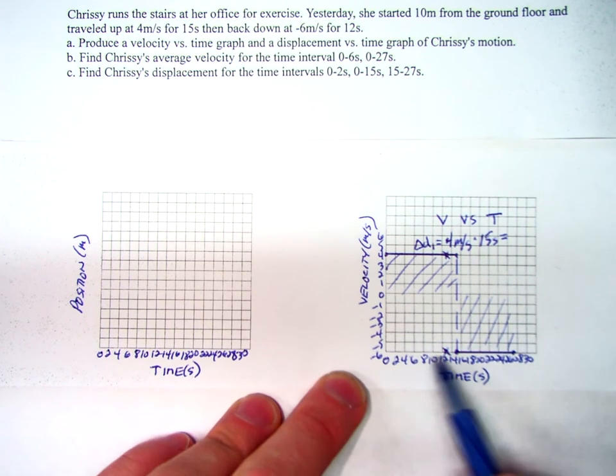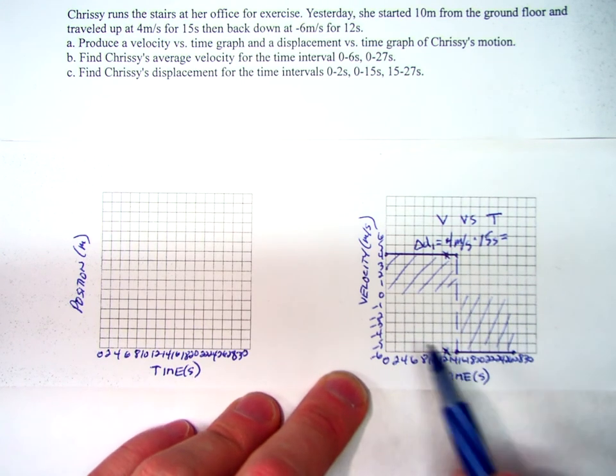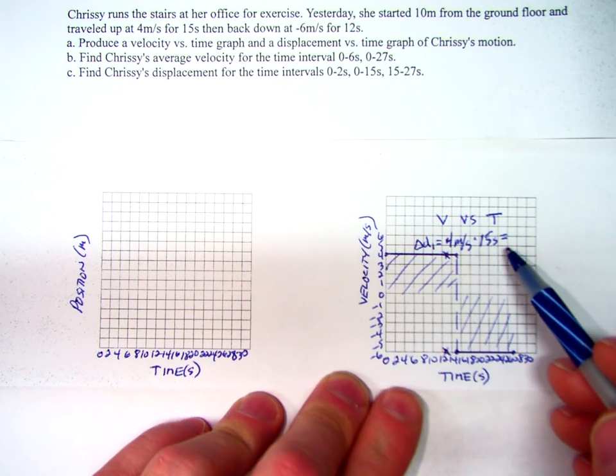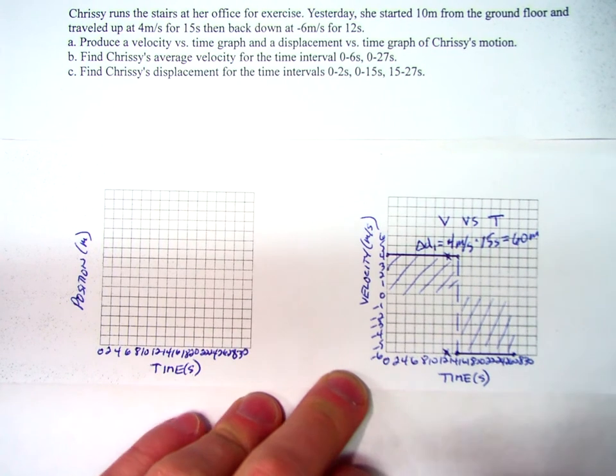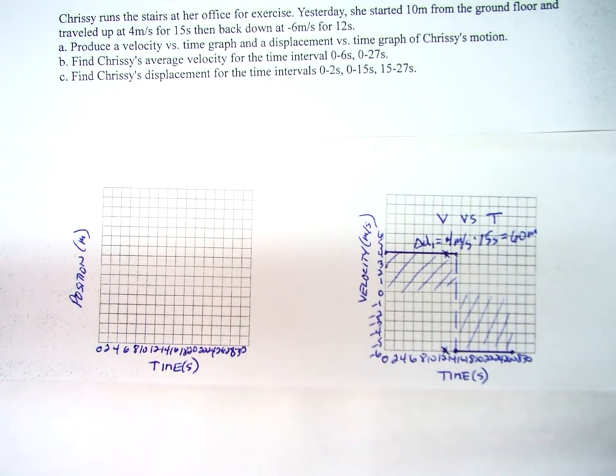Yeah, it goes from 0 to 15 seconds. You're traveling at 4 meters per second, and that is 60 meters. So wherever we start from, we travel 60 meters if we travel at 4 meters per second for 15 seconds.